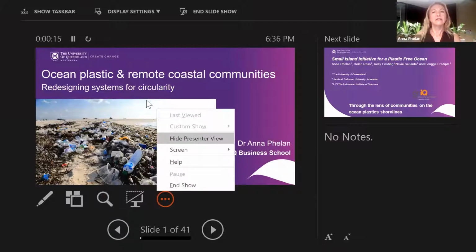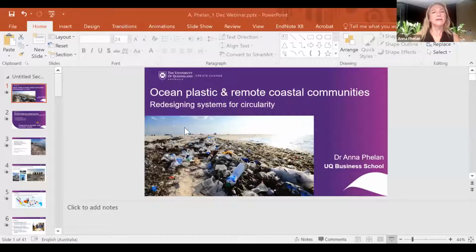Apologies, it's on your presenter view at the moment. Tell me exactly how to get out of the presenter view. If you click the slideshow tab at the top, it might say play. Let me stop sharing for a second.